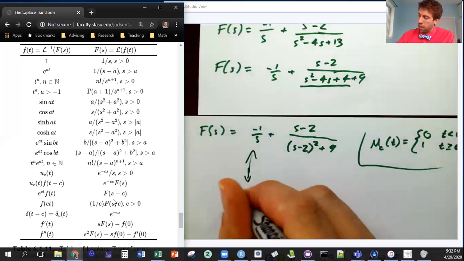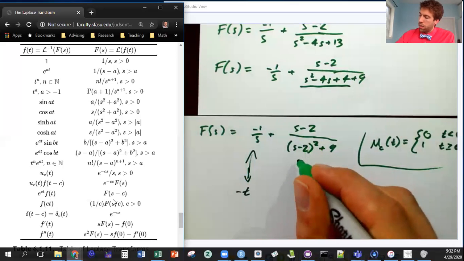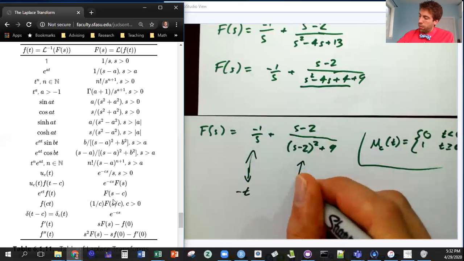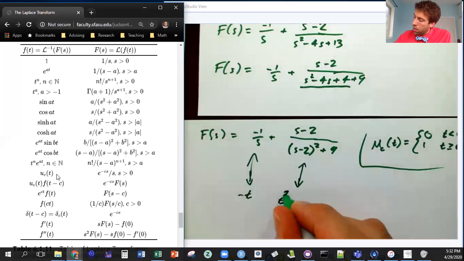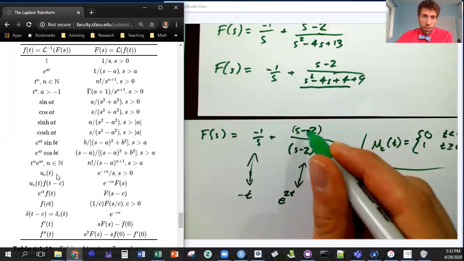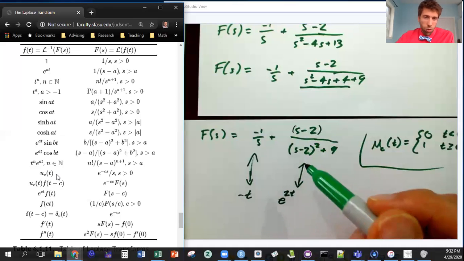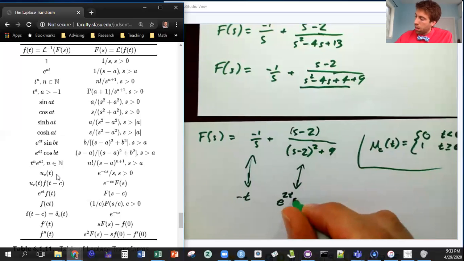That's just negative 1, so negative t. And this one, think of the s minus 2 as making it have an extra e to the 2t outside. So e to the 2t, and then the actual thing that's going on is, think about this new s minus 2 as the s, then that looks like s over s squared plus 3 squared, so it's cosine of 3t.